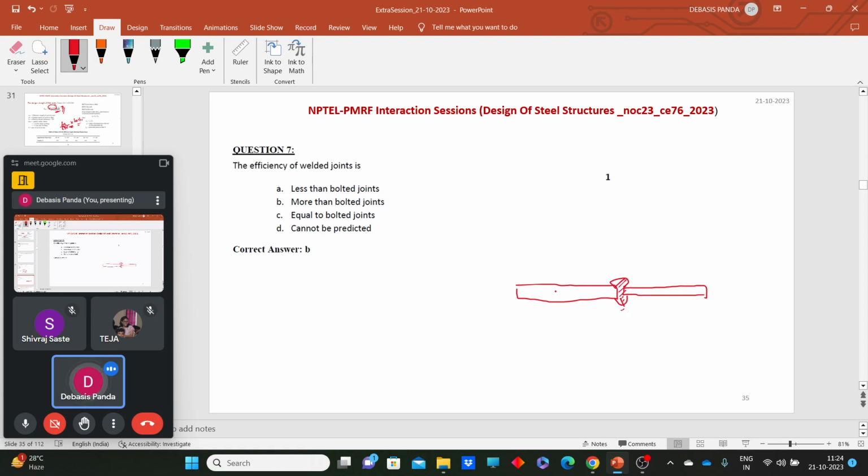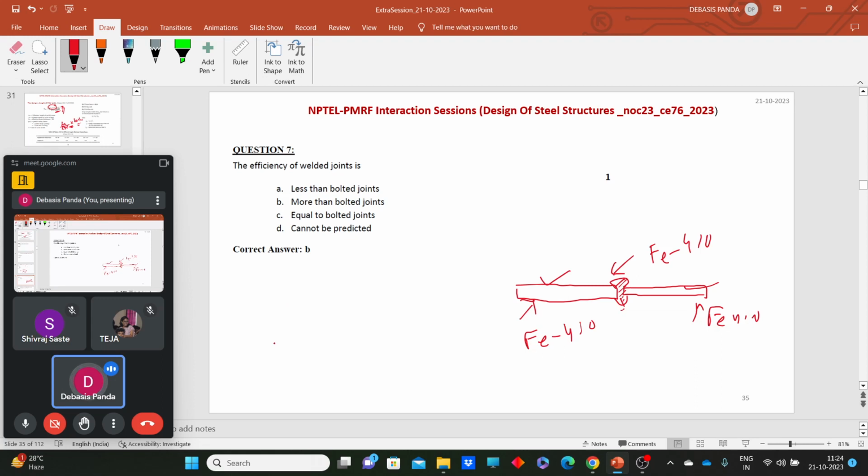If this plate is made of Fe410 and this is also Fe410, and the deposit material is not weaker than Fe410, then what we have done to these two plates is make a solid compact plate. That means theoretically, with the welded joint, we can achieve 100% of the strength.